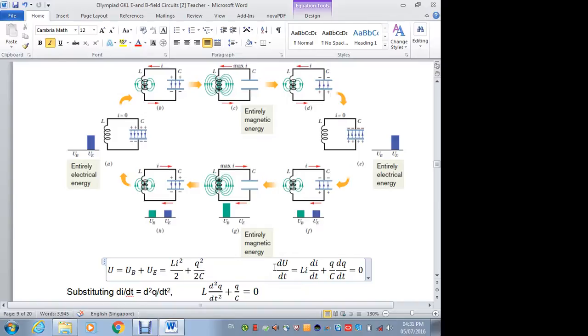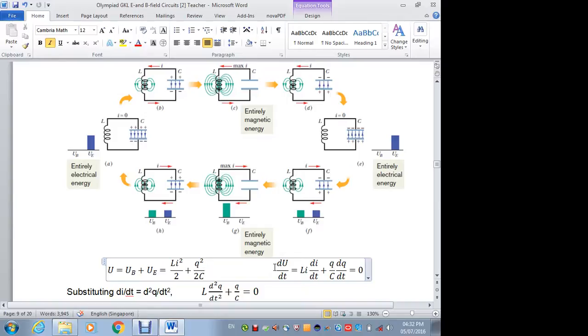Because I is dQ/dt, so if you differentiate I again, then you will get d squared Q/dt squared.